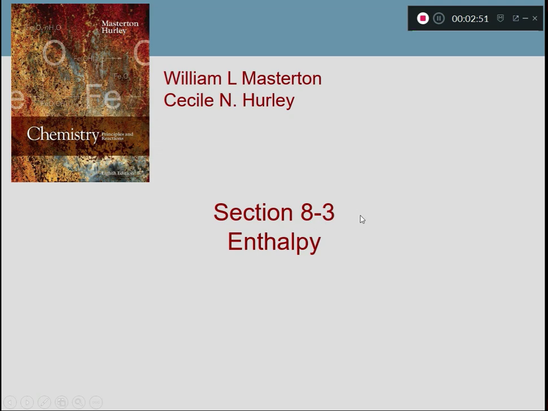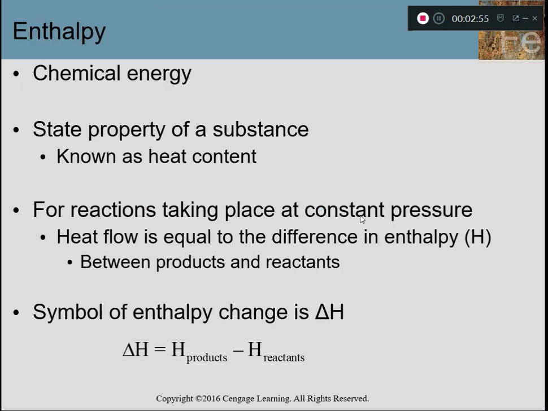Okay, so section 3, the enthalpy section, talks about the concept of enthalpy. Enthalpy can best be described as stored chemical energy. It's a state property, kind of like potential energy, but potential chemical energy. If you think back to physics, there were two types of energy: kinetic energy and potential energy.